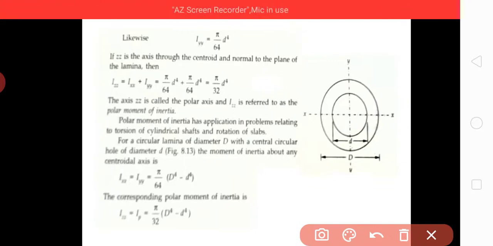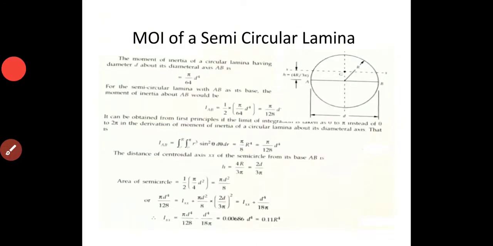And the corresponding polar moment of inertia will be just double of that, that is pi by 32 into (capital D to the power 4 minus small d to the power 4). So this is the relation for circular lamina. And then moment of inertia of a semicircular lamina now.